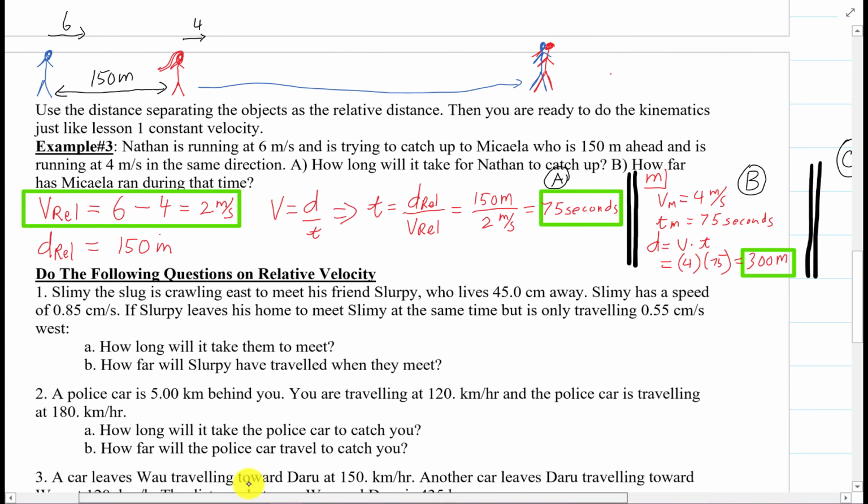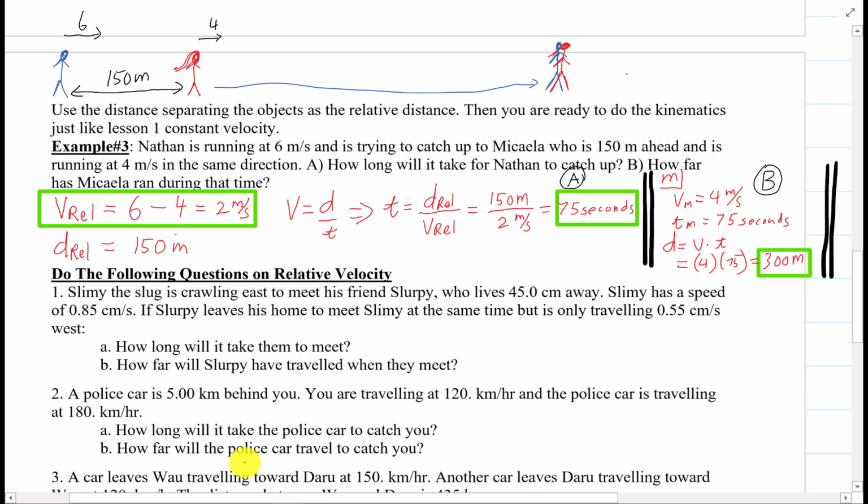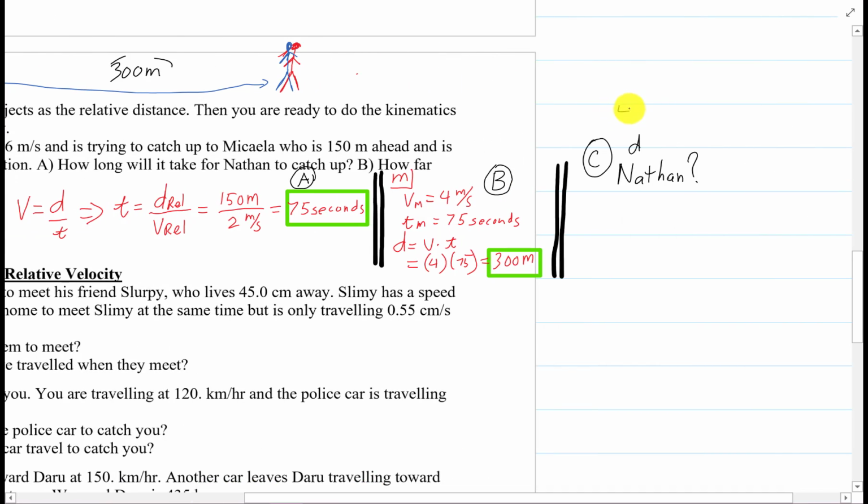We could do this logically. If this red lady here called Michaela ran from here to here a total distance of 300 meters, and Nathan ran from here to there, it was 300 meters and 150, so you would expect Nathan has run 450.